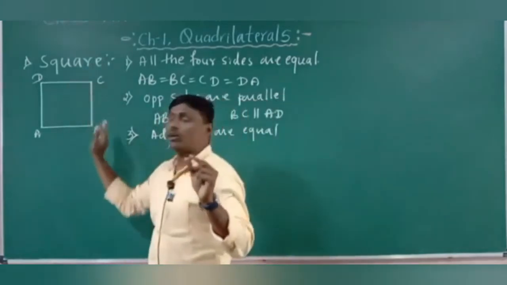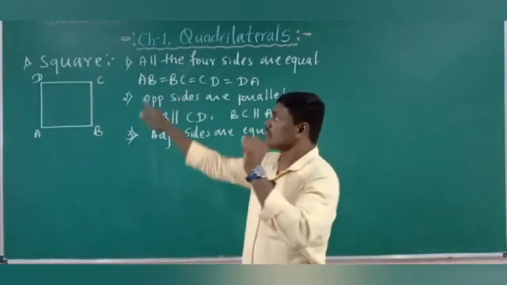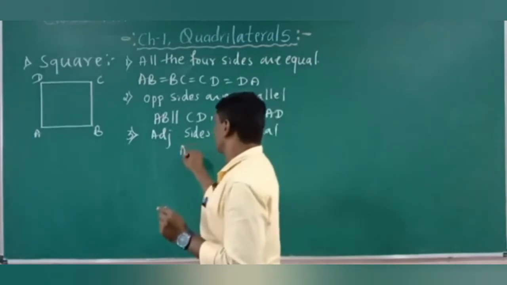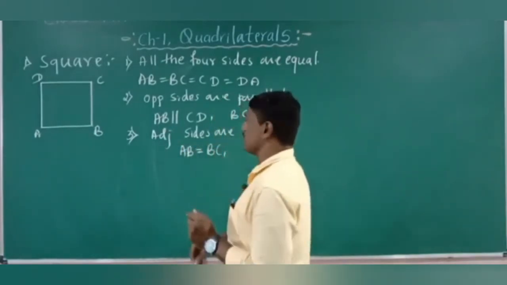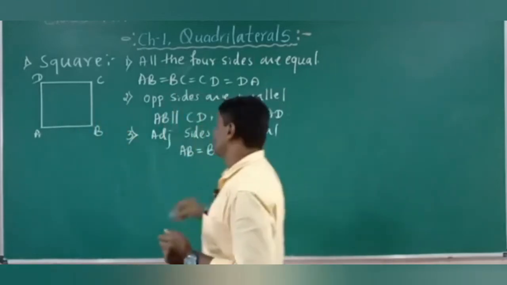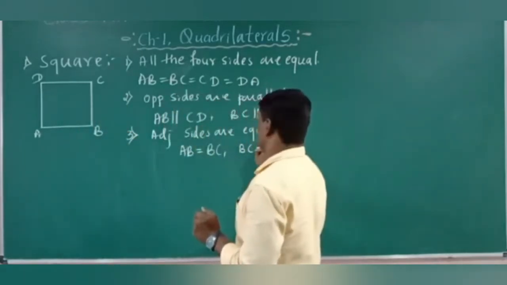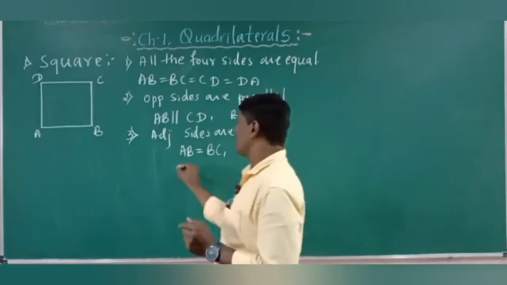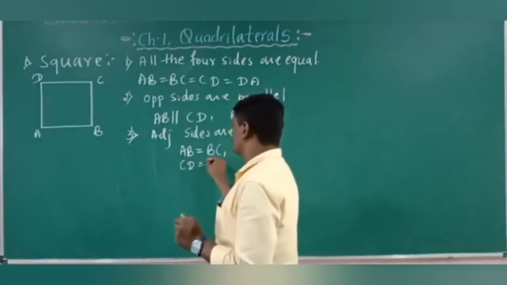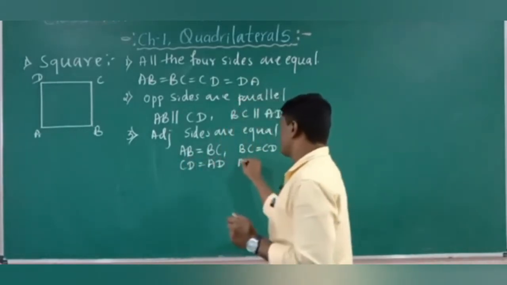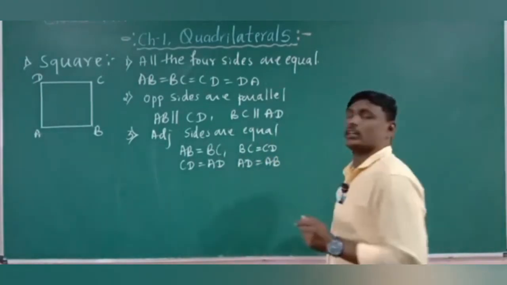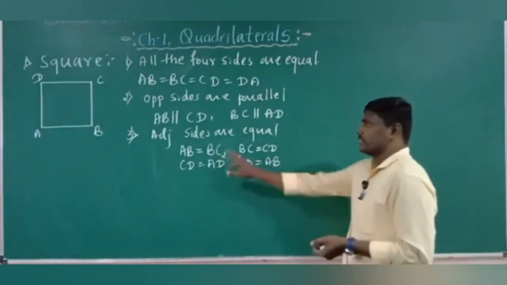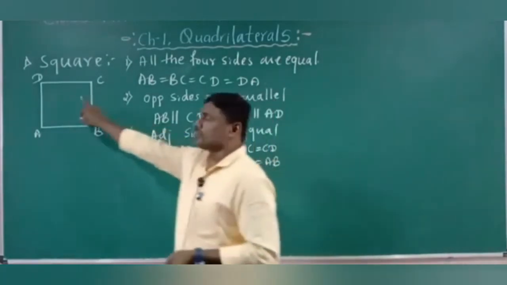Okay, so all the adjacent sides in the square are equal. So AB is equal to BC. This is the first pair. Next one, BC is equal to CD. Next, CD is equal to AD. That AD is equal to AB. So these are the 4 pair of adjacent sides of the square.